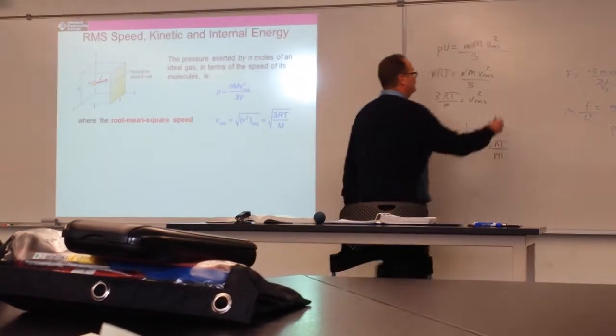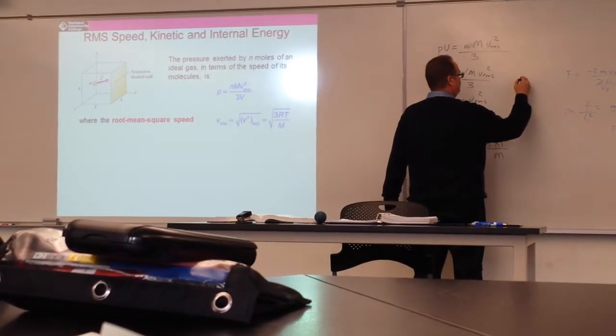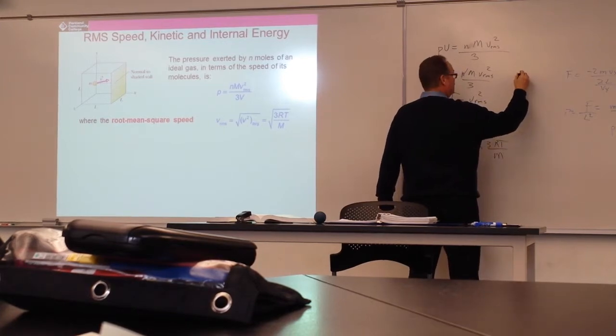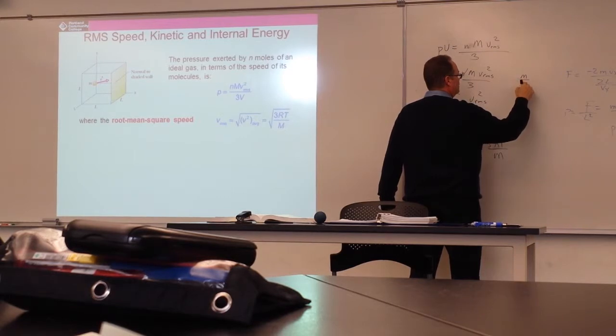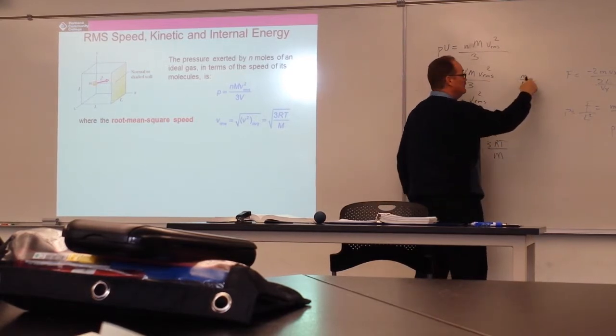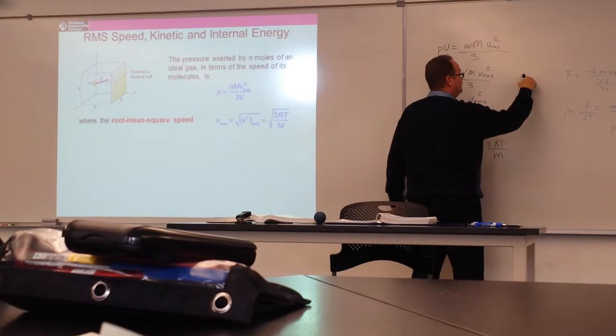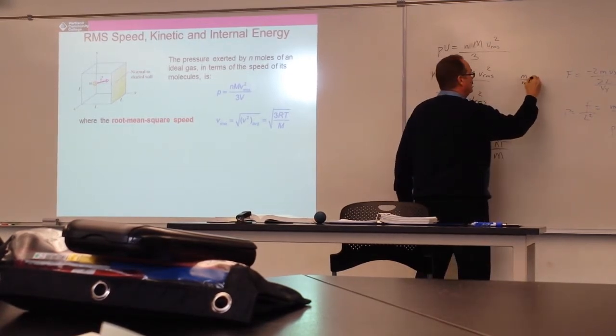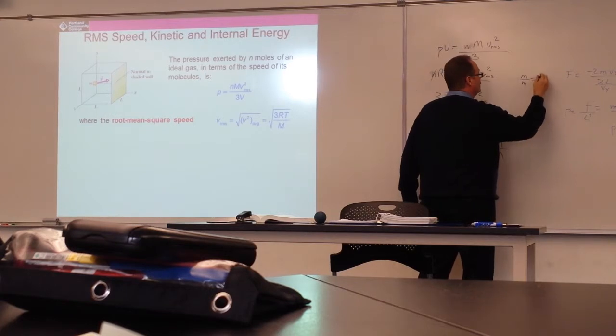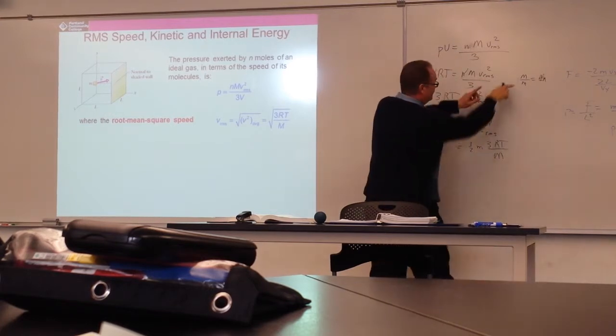Because remember, if this is the mass of one molecule, then this is the molar mass, which tells me the number of molecules in a mole, equal to Avogadro's number. And I've got the inverse of that.